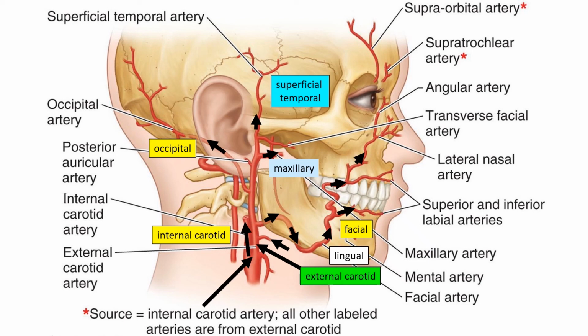What I can see of the facial artery is that it is tortuous. It has many curves. Then the external carotid artery will go up and give a branch called the maxillary branch.